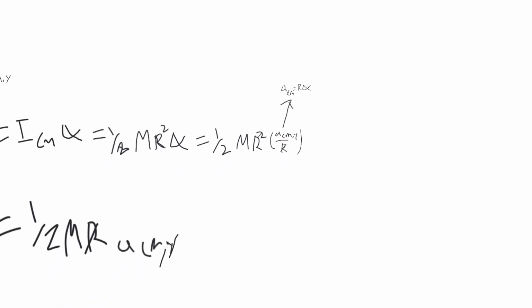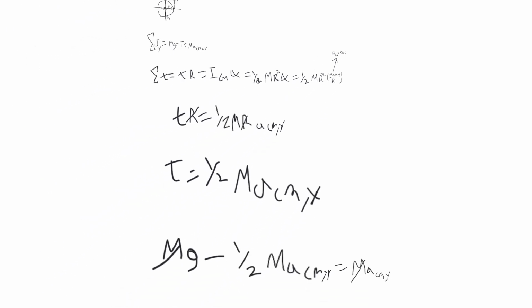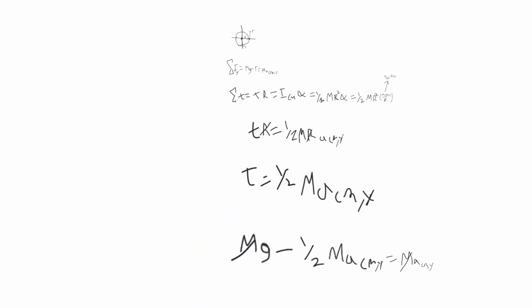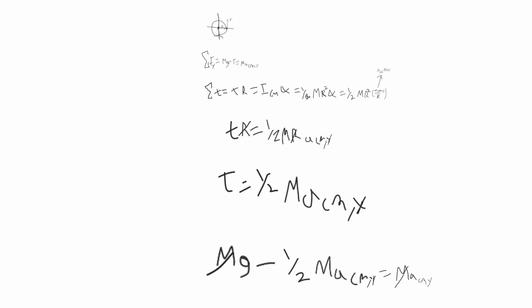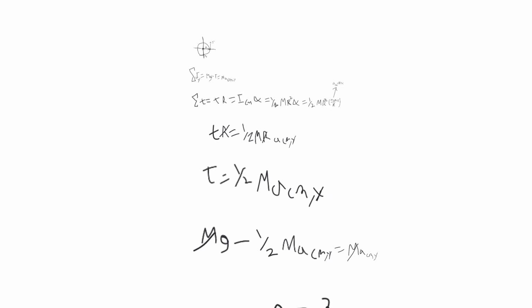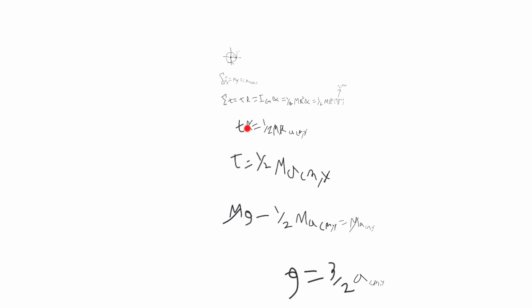Now that we have a over r, one of the r's cancels out, leaving just one r. The torque times r is equal to half of m r times the acceleration, which is no longer over an r, and this radius is canceled by the radius on the other side.